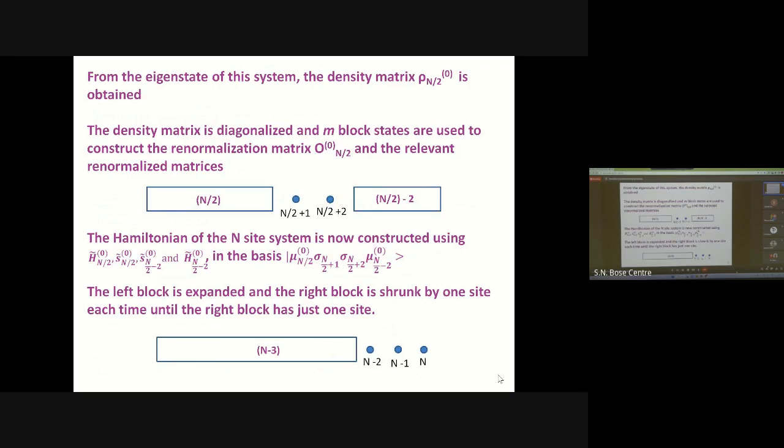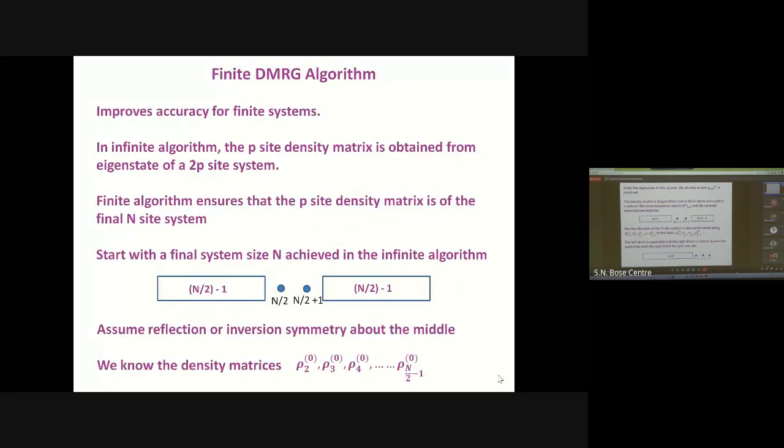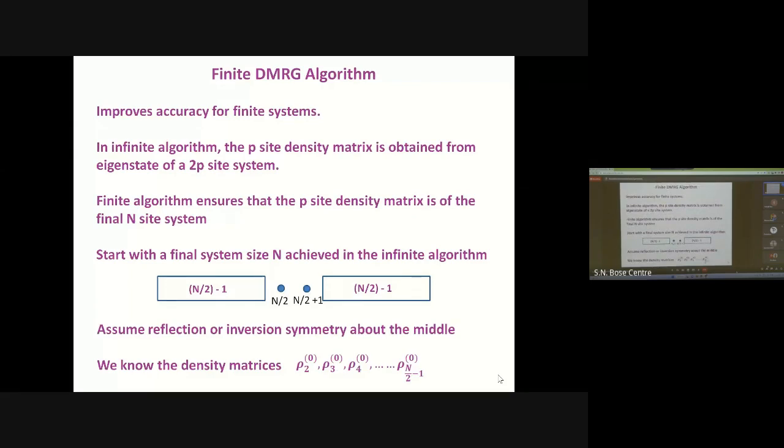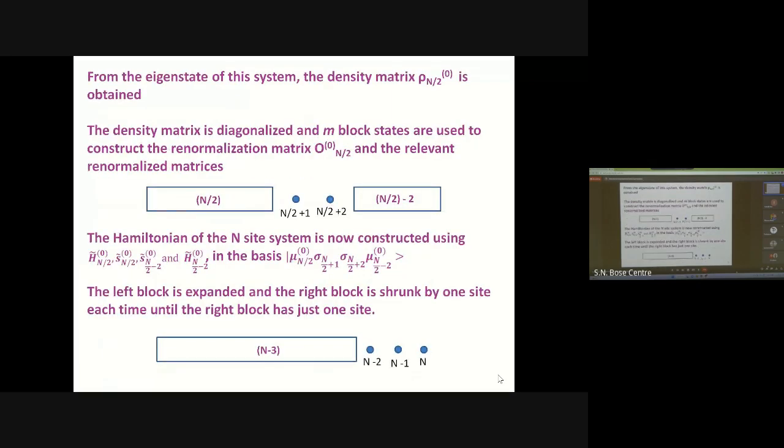So what you now do is you add one site, n by 2, to the left-hand side, and take out one site from the right and call it n by 2 plus 1 and n by 2 plus 2, so that the system becomes the following. You have a system with the left block which is n by 2 sites, and the right block is n by 2 minus 2 sites, and then you have two other sites here.